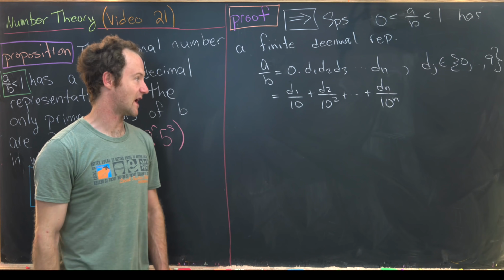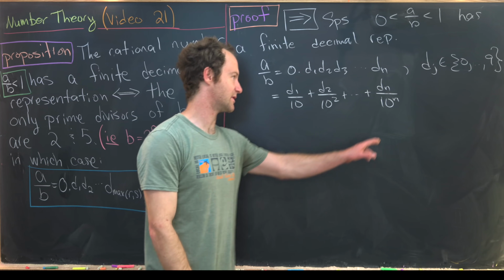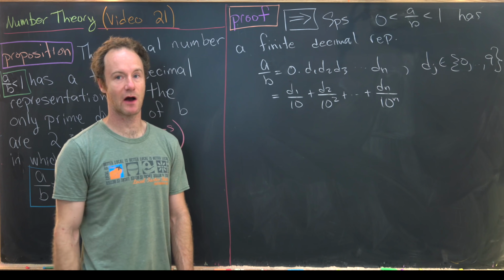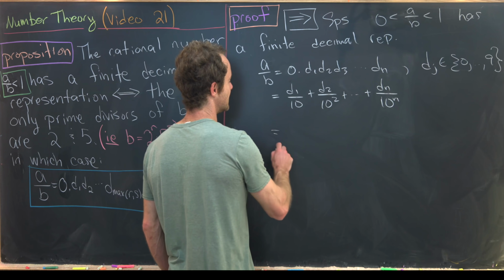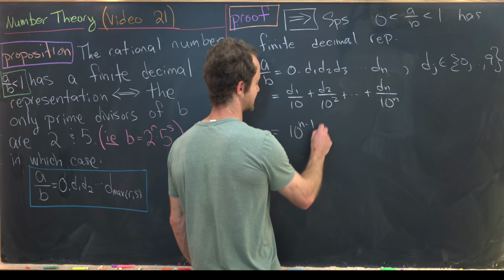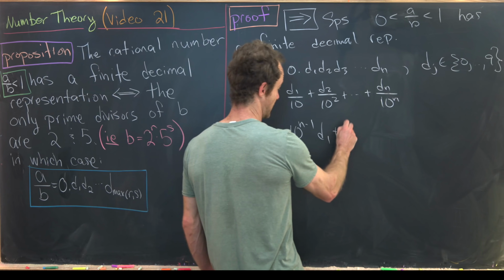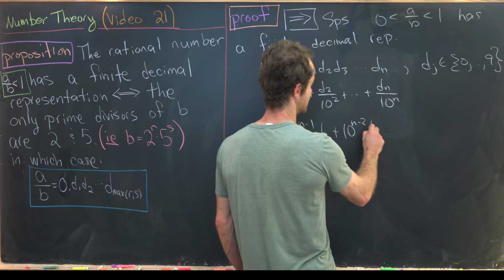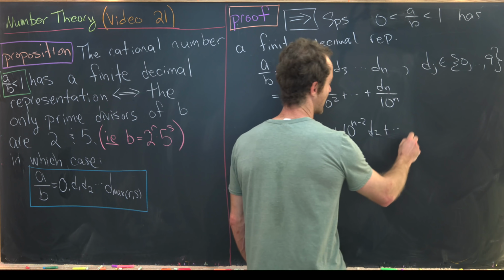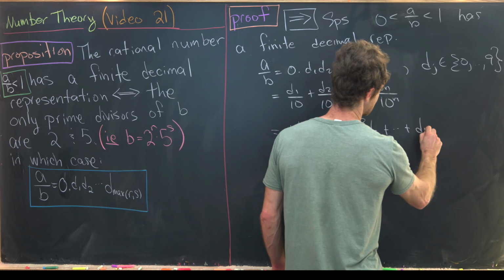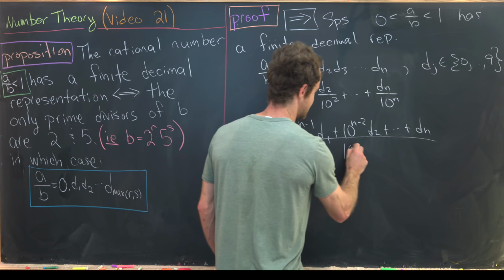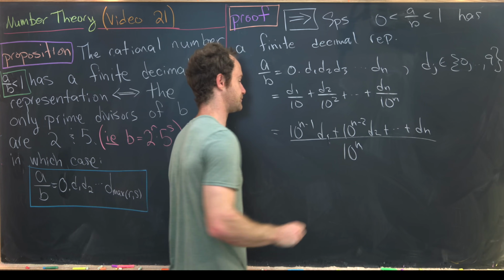But now we can maybe find a common denominator here. Notice the common denominator will be this largest power of 10 that is involved. That'll give us 10 to the n minus 1 times d1 plus 10 to the n minus 2 times d2 all the way up to plus dn, all over 10 to the n.